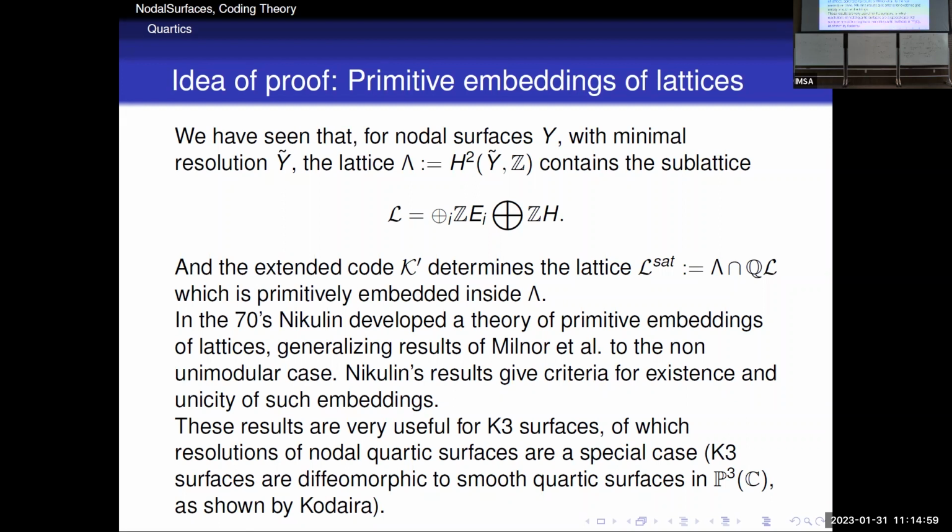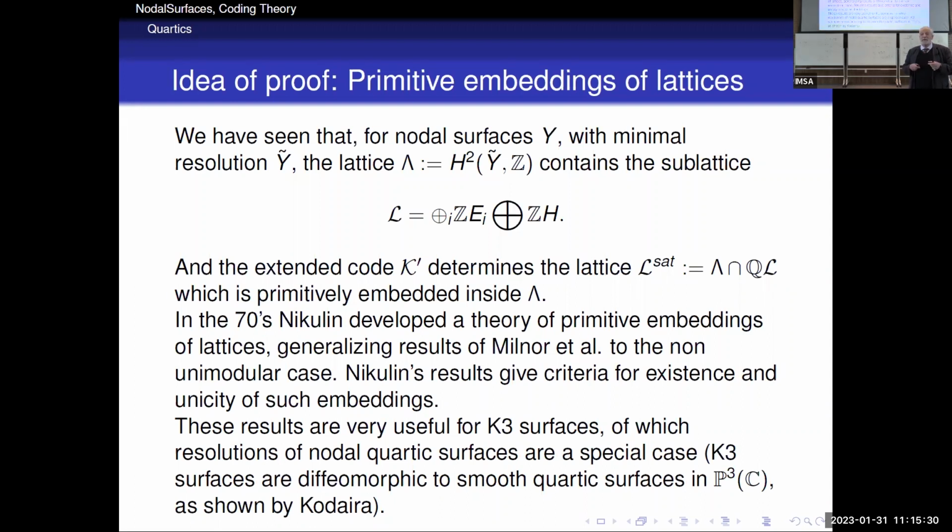In the 70s, Nikulin developed a theory of primitive embeddings of lattices, generalizing results of Miranda and others to the non-unimodular case. Nikulin's results give criteria for existence and uniqueness of such embeddings. The only thing is that, unfortunately, the Russian was translated into English by someone who was not an expert, and there is some stupid misprint.